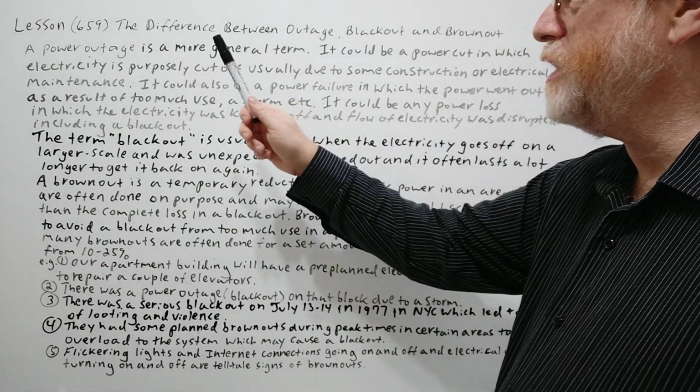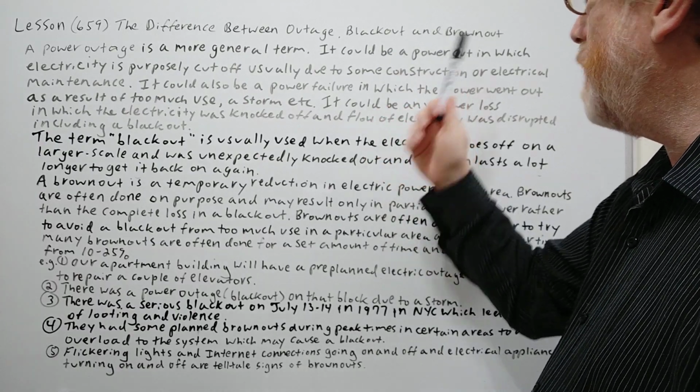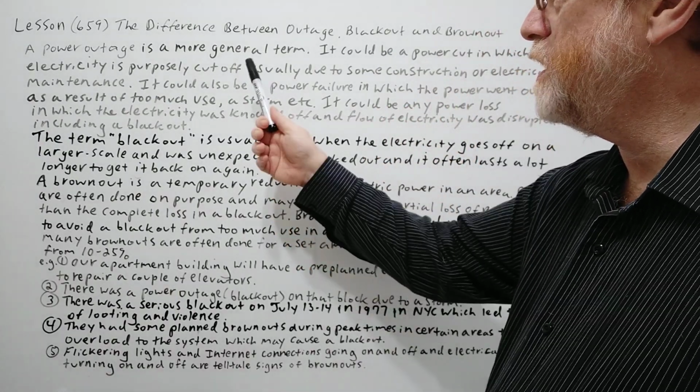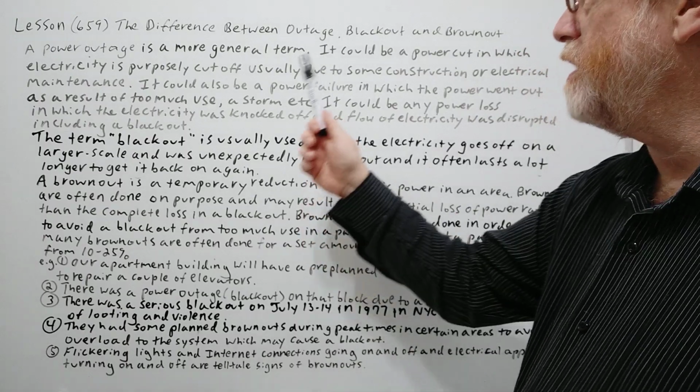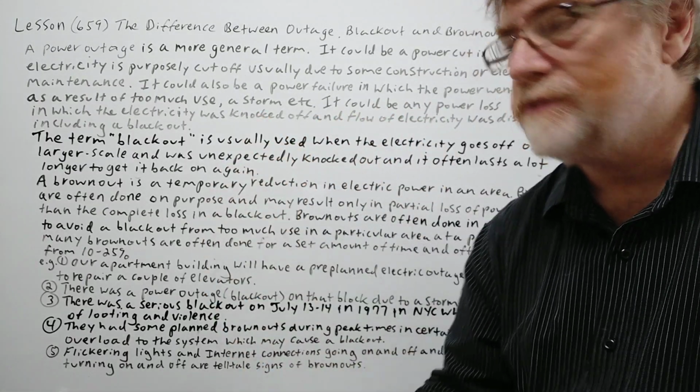A power outage is a more general term. It could be a power cut, in which electricity is purposely cut off due to some construction or electrical maintenance.